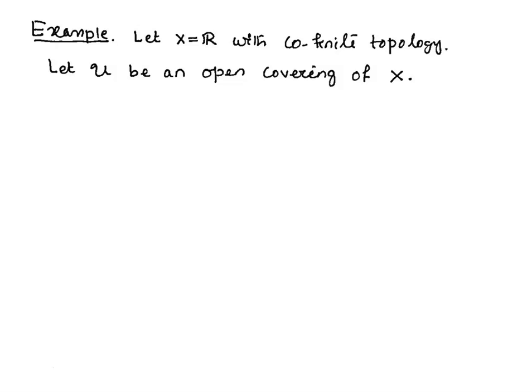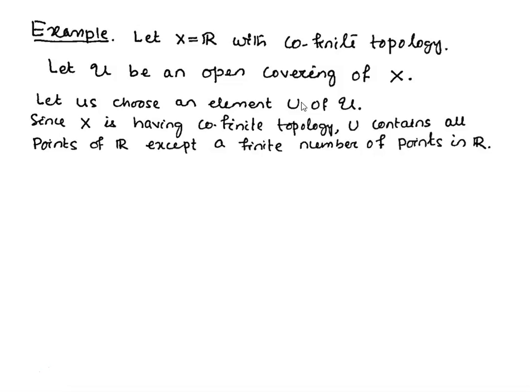Now, let U be an open covering of R. Let us choose an element U of U. Because it is an open set, the complement of this open set is finite. Since X has the co-finite topology, U contains all points of R except a finite number of points, because the complement of U is finite.